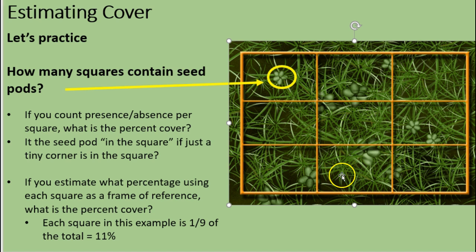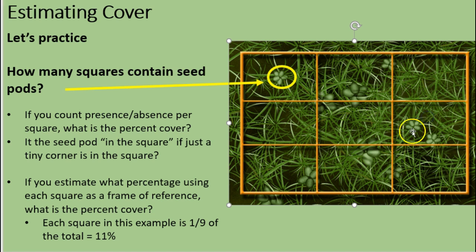We can go through and say, yes, there are seed pods in this first square. Yes, seed pods in the first square. This one looks mostly empty, but if we look really carefully in the corner, the seed pod is in this tiny part of the square. So even though it's just in a tiny little part of the square, yes, this square contains the seed pod.